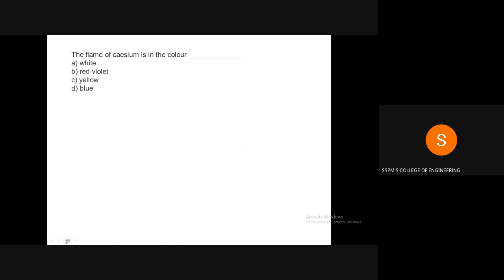Then next: which of the following is true regarding the reactivity order of alkali metals towards hydrogen? This question is related to the reactivity of alkali metals with hydrogen molecules. It forms a hydride. When you go down the group, the reactivity towards hydrogen increases; it forms hydride ions.